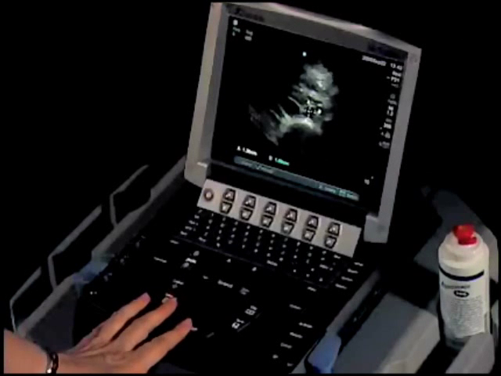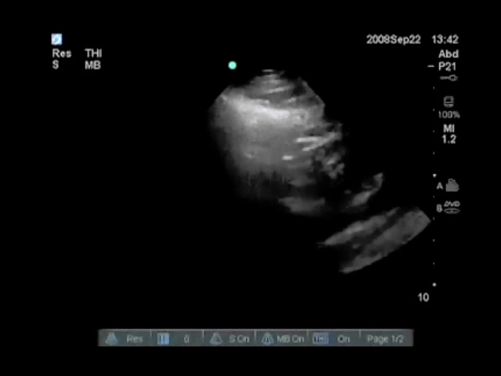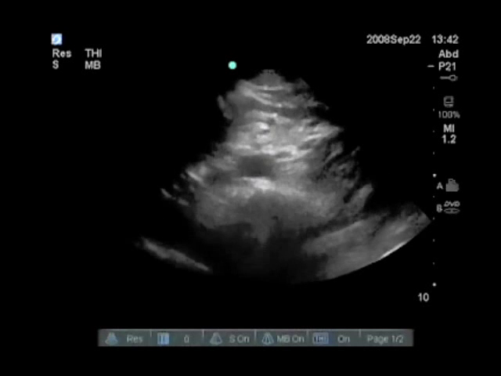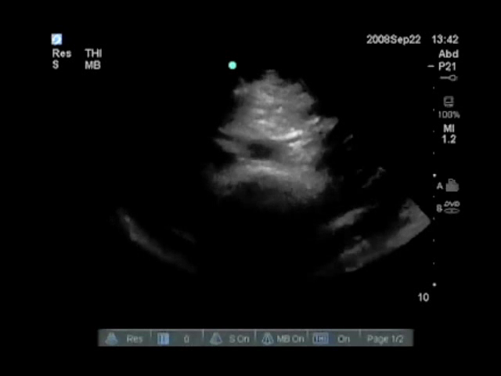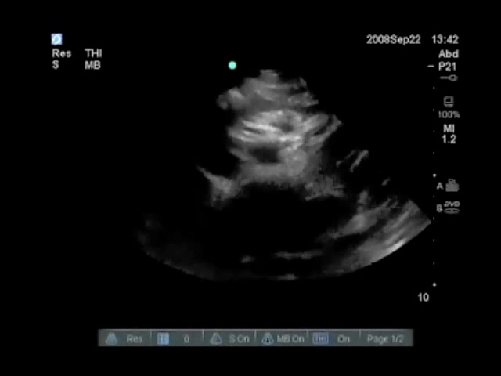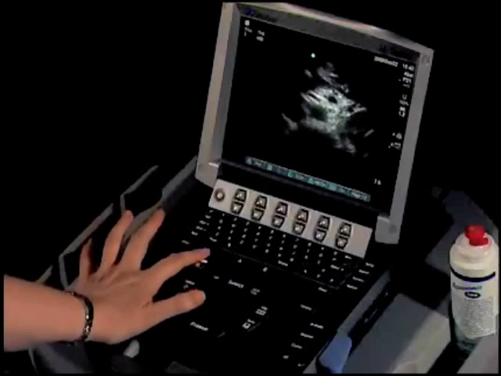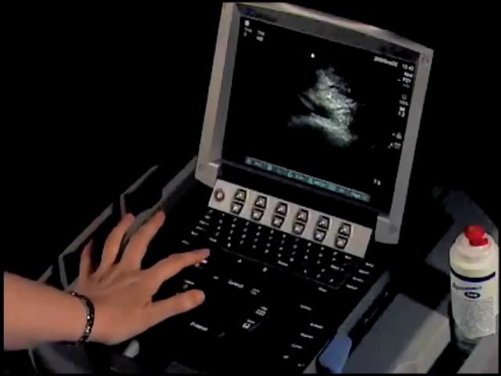I'll keep moving down in a transverse view towards the bifurcation. And here we see the aorta divide. So right before it divides, I want to perform my measurement at that point.